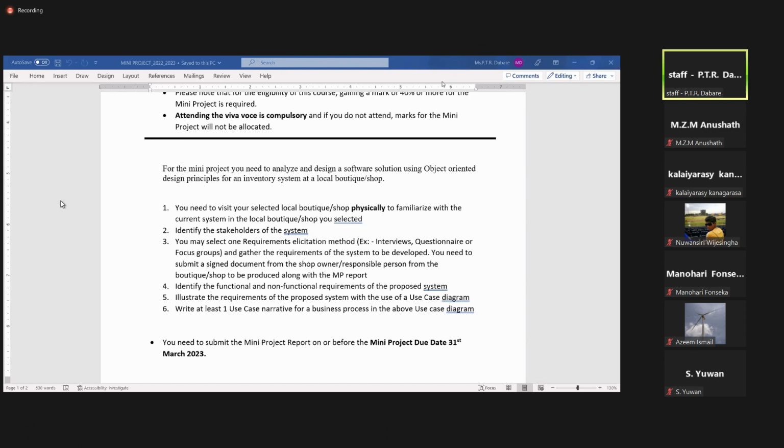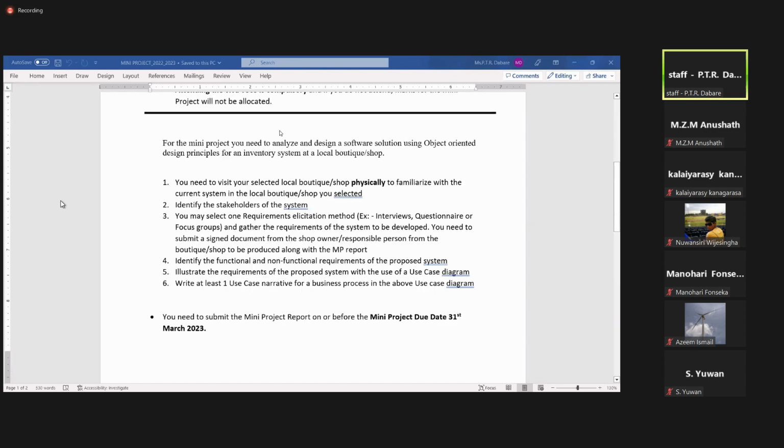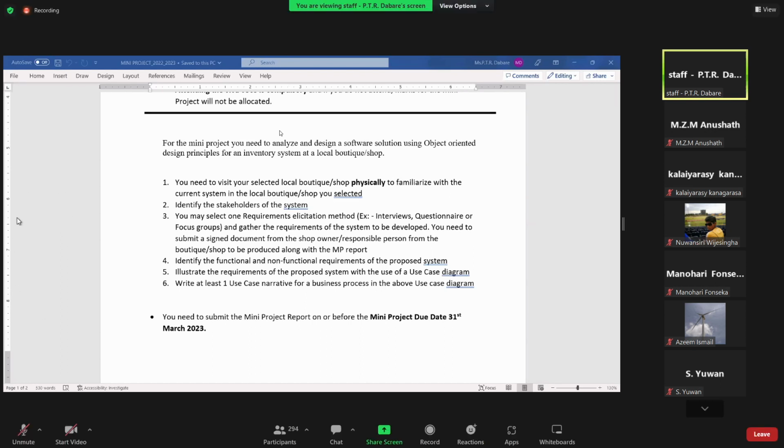Right, that you collected data from them, like an interview or questionnaire. The interview questions also should be included. You can't just give a letter. You can select a grocery shop, phone shop, or electronic shop, yes.